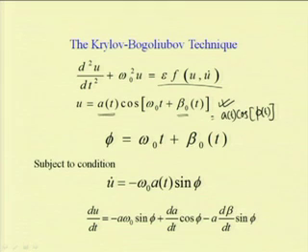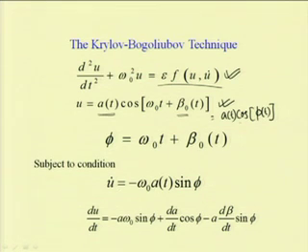But in case of the Krylov-Bogoliubov technique, we are putting one condition. We are writing that u equal to a t cos phi t will be the solution of the first equation subjected to the condition that u dot equal to minus omega 0 a t sin phi.